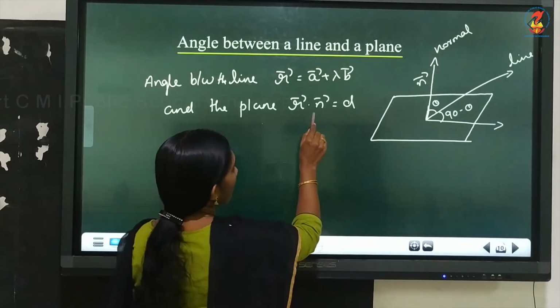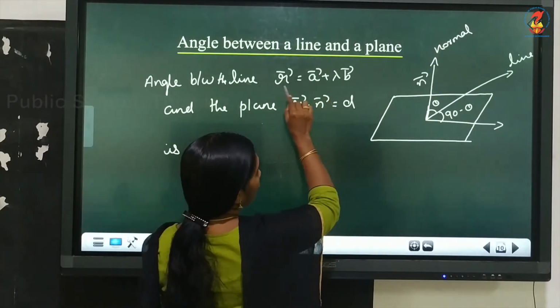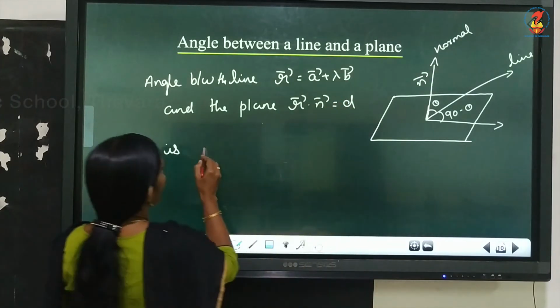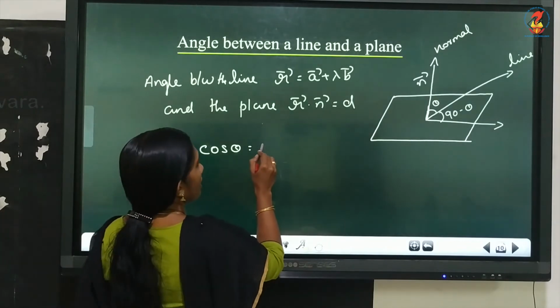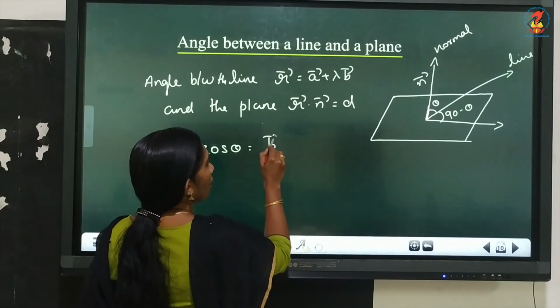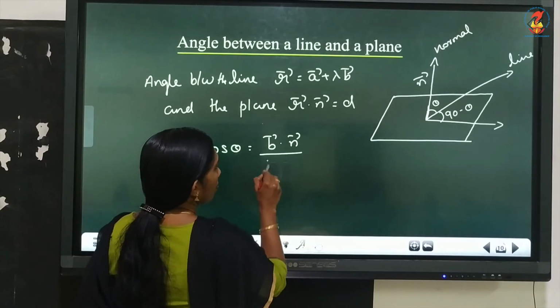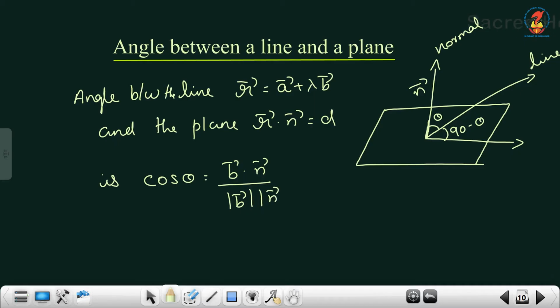So for normal we have this vector n and for this line vector B. So cos theta is the angle between those two vectors, that is cos theta is equal to B dot vector n by mod vector B mod vector n. It's modulus n, that is cos theta.